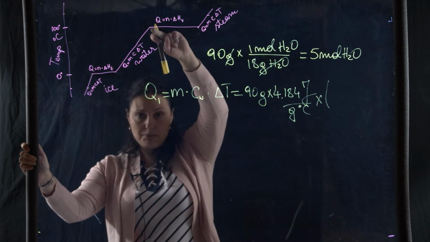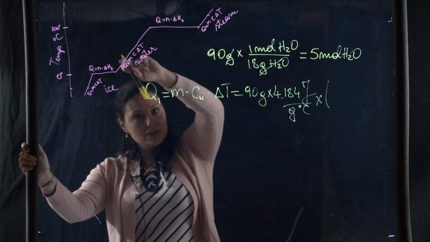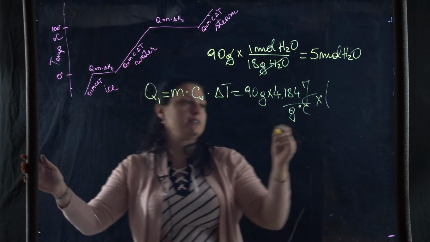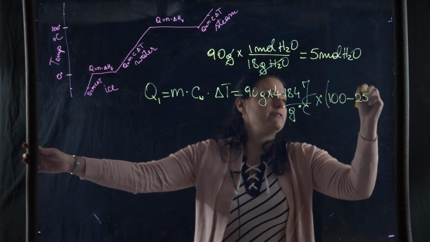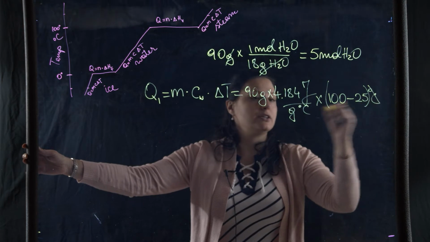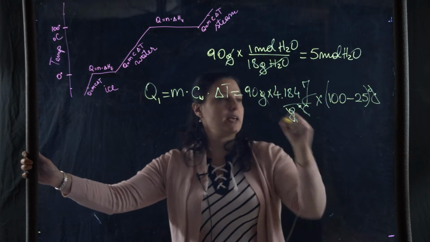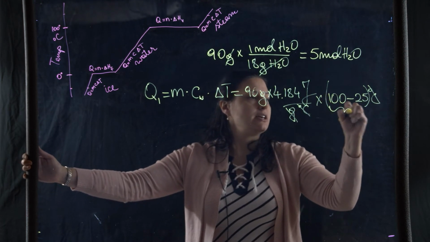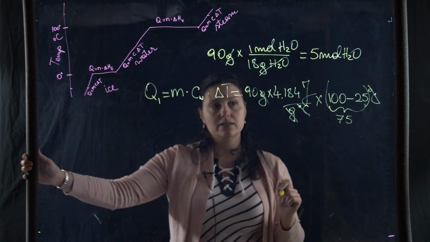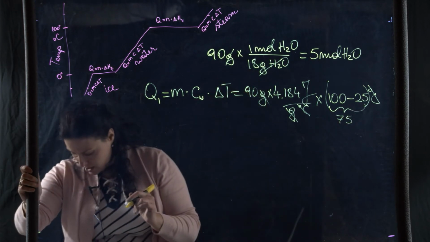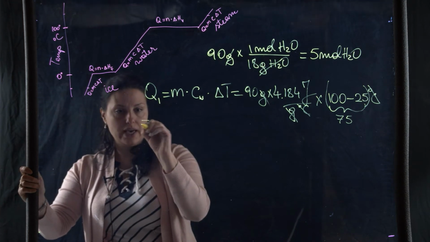My final temperature is 100. My initial temperature where I start at is 25. It's going to be 100 minus 25 degrees Celsius. Degrees Celsius cancel, grams cancel. This is going to give me 75 degrees Celsius.